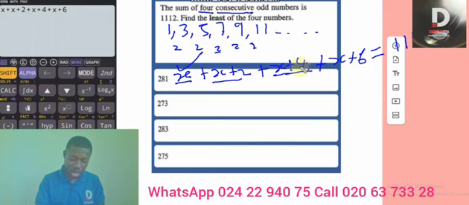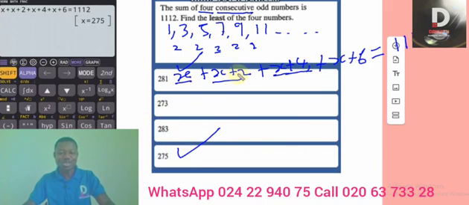Am I right? 1, 2, 3, 4 equal to 1112, equal to alpha calculate 1112, shift solve. 275.